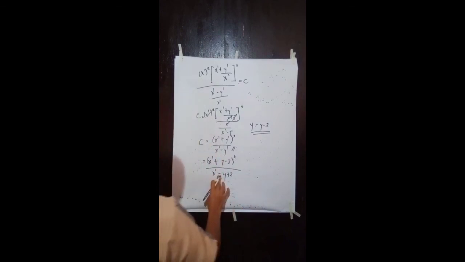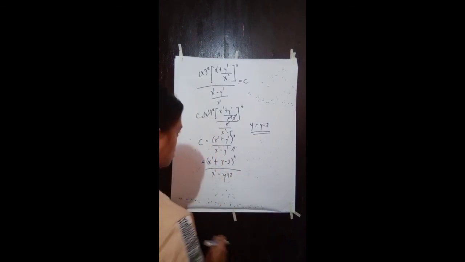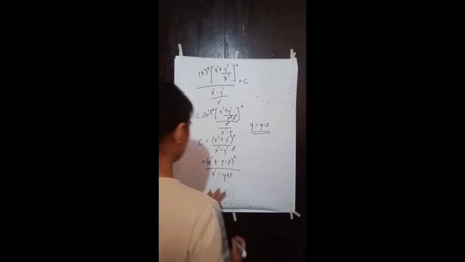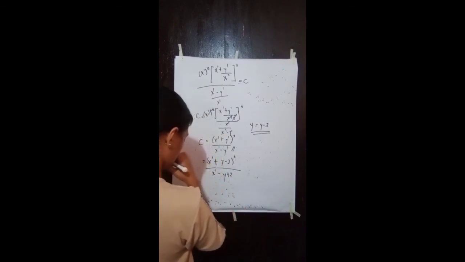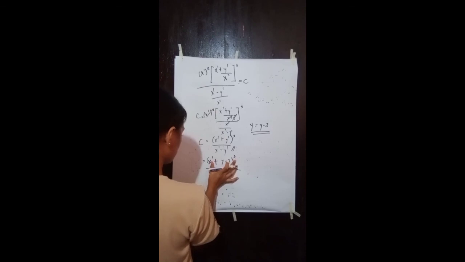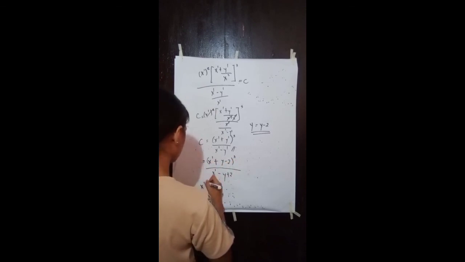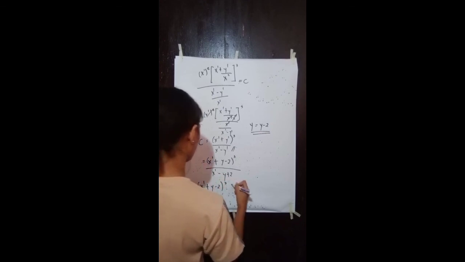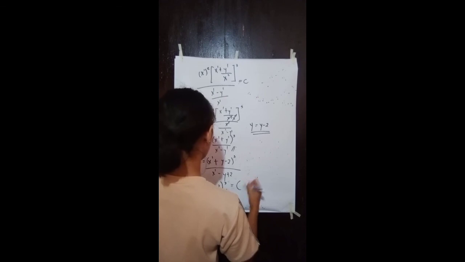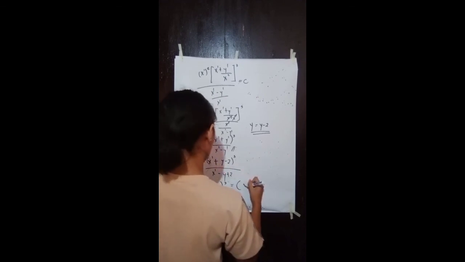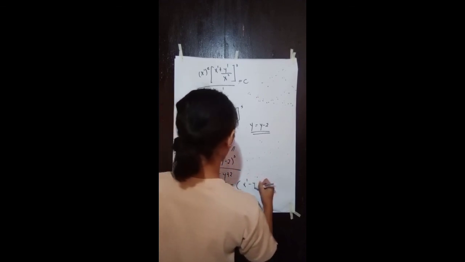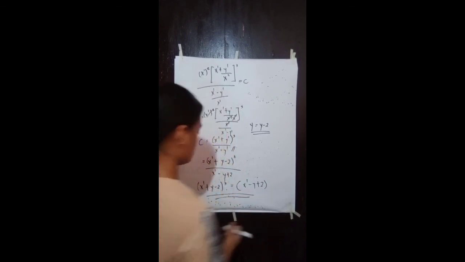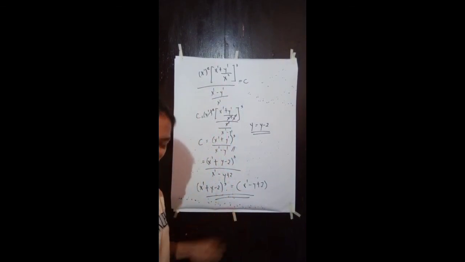Kasi nga, yung y kanina is negative. So, dadagdagan ko siya ng negative 2 is magiging positive. So, the final answer would be x prime, quantity of x prime, y minus 2 cube is equal to c x prime minus y plus 2. So, this is the final answer.